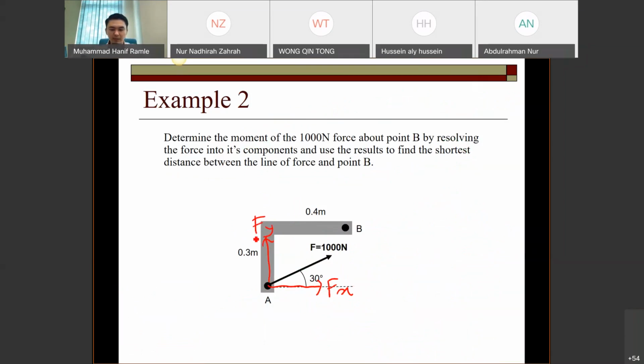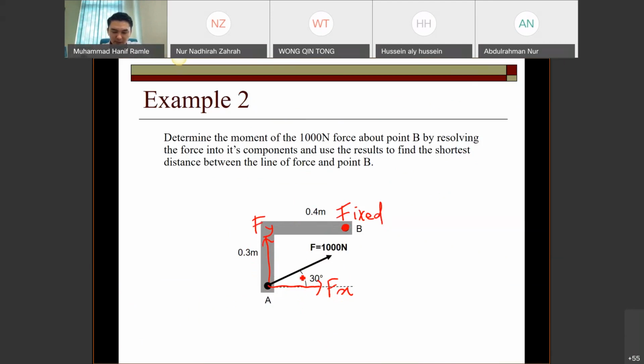If you look at this, you have to find a moment about point B, meaning that this point should be fixed, and this rigid body of L shape should be rotating.